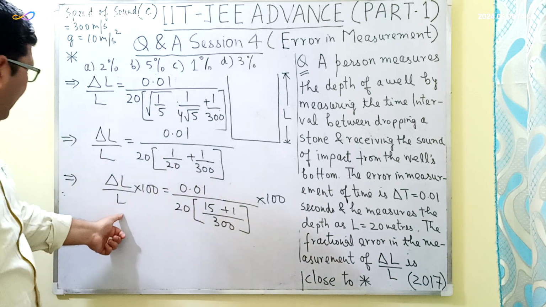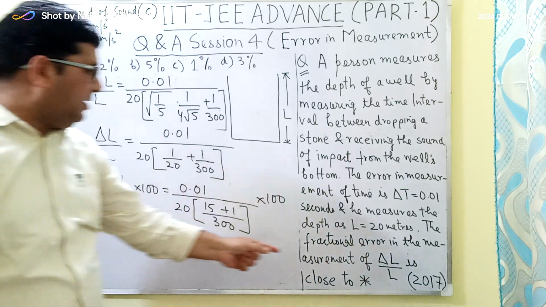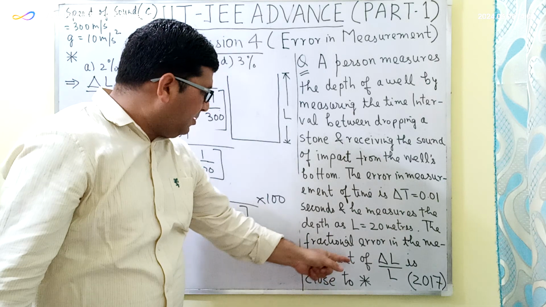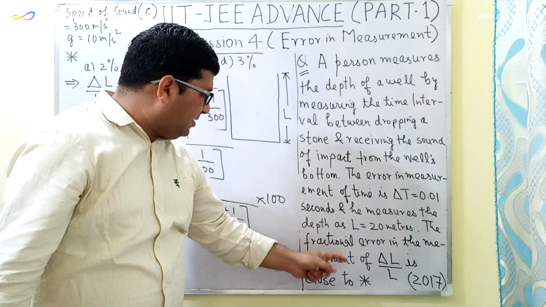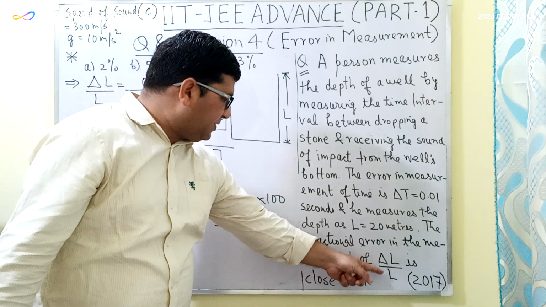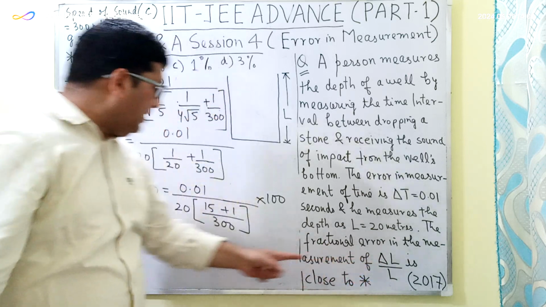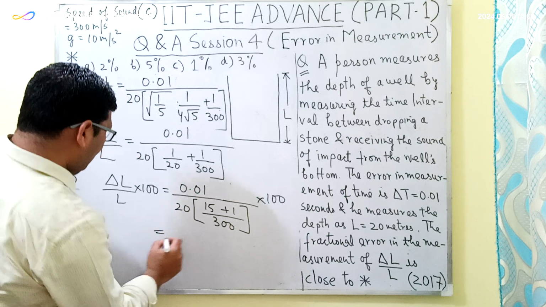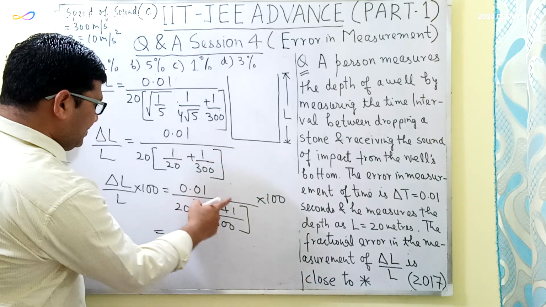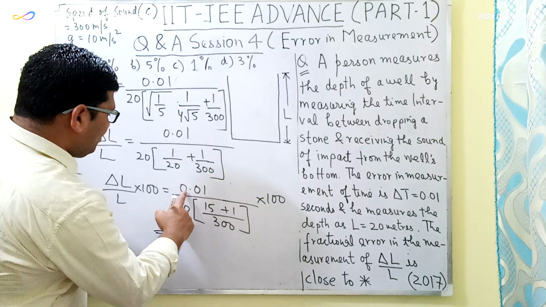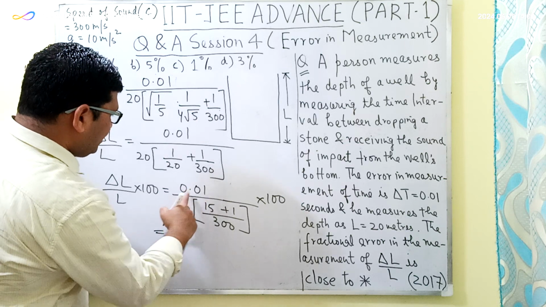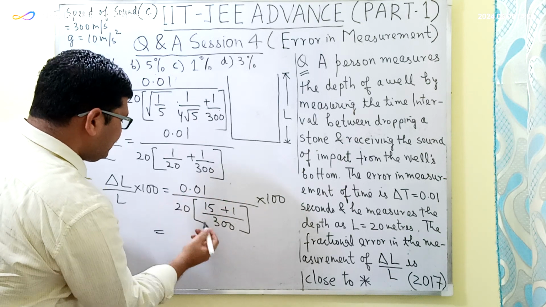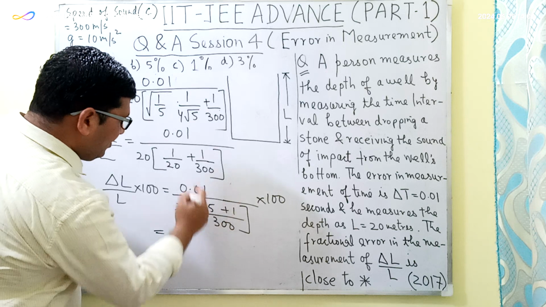Now delta L upon L into 100 is the fractional error in the measurement of delta L by L in percentage. So the value of this will be that 0.01 into 100, that is equal to 1, and this 300 will go into the numerator.